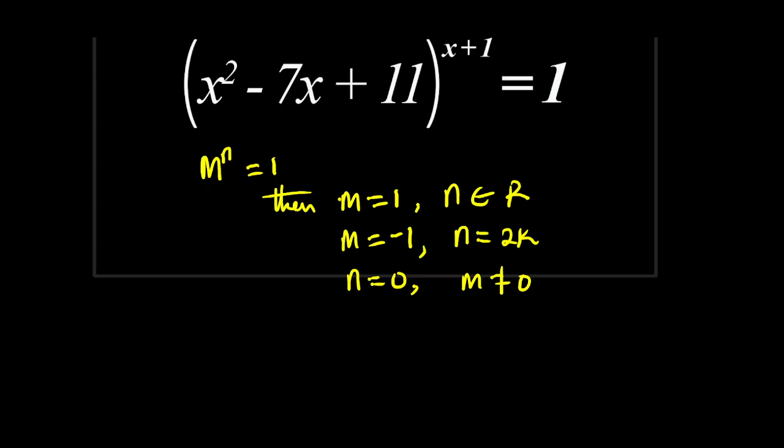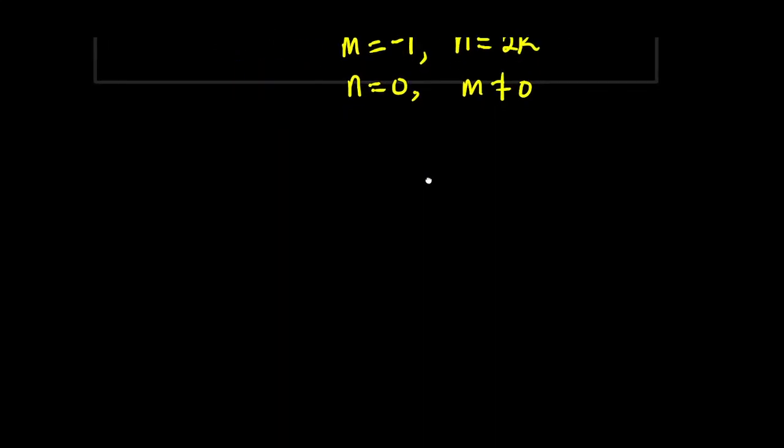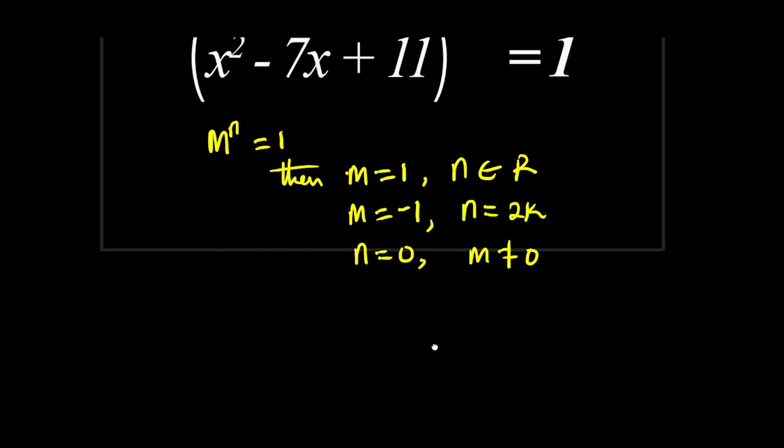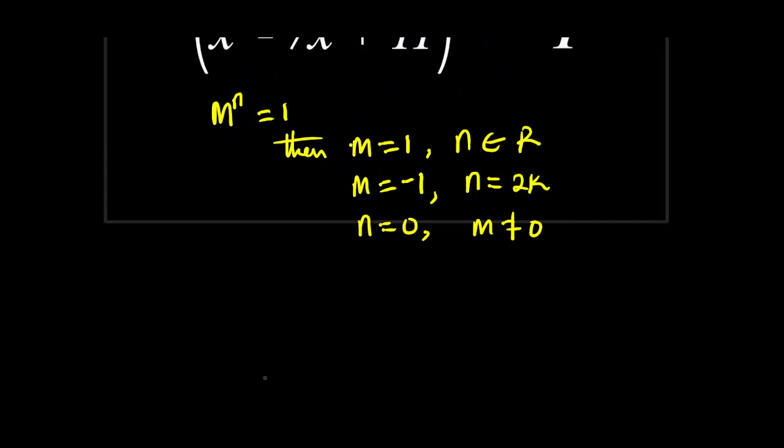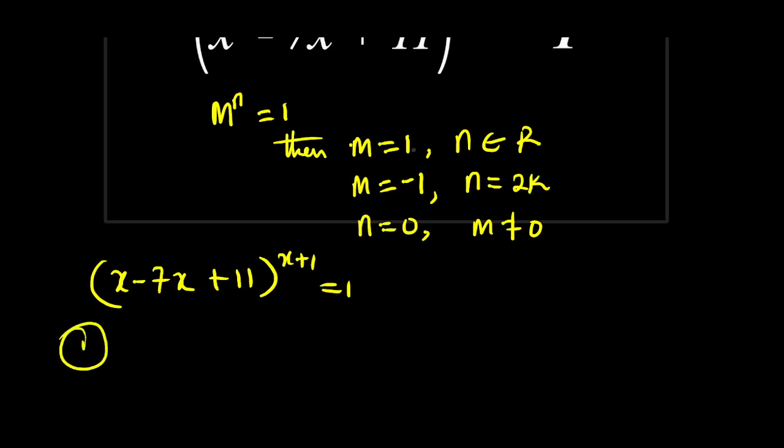So without wasting much of our time, let's get started. So I would like to copy this question again. That is x squared minus 7x plus 11 raised to the power of x plus 1 equal 1. So let's start with the very first condition where m is equal to 1.